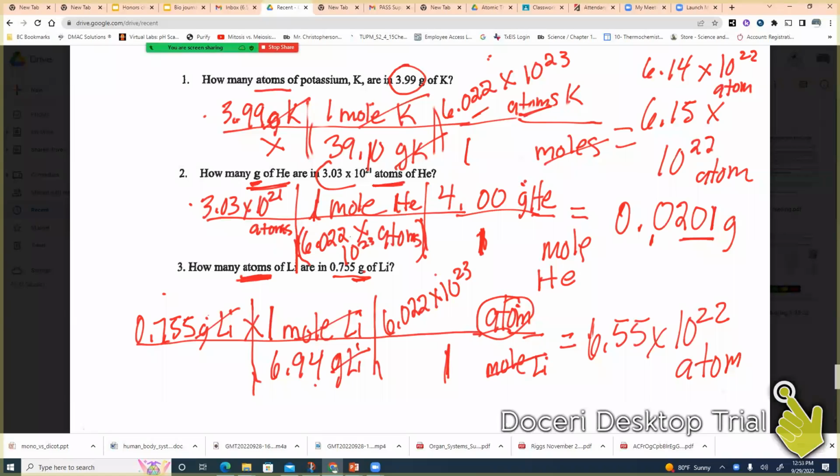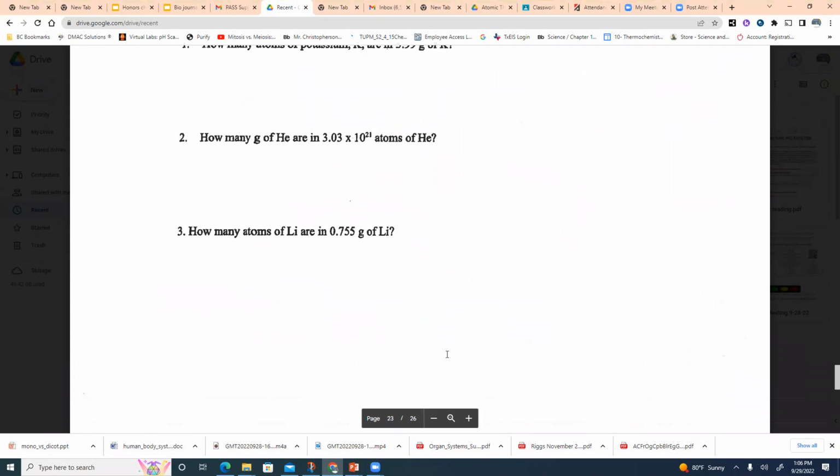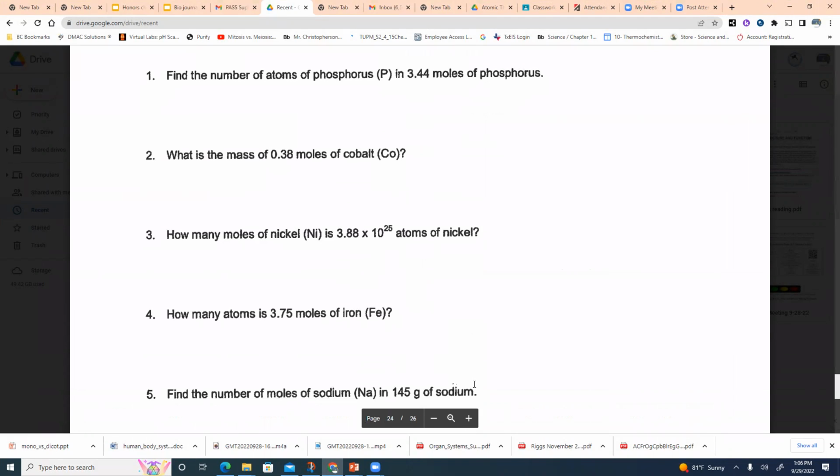All right, so let's look at your practice. Of course, obviously on the test, it's not going to say you need 2 boxes or you need 3 boxes and you need to use both things as a conversion factor. So you're going to have to get that hint from the problem.